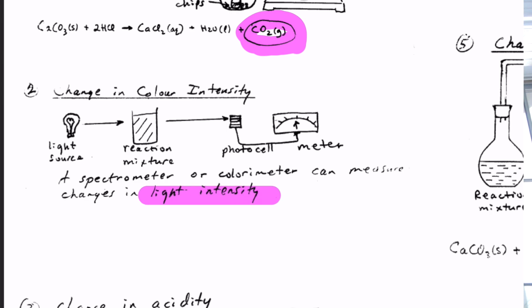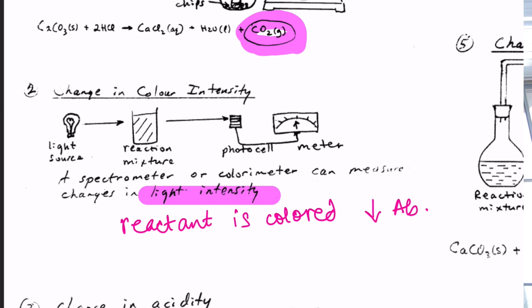So as time goes on, if the reactant is used up, then you expect the absorbance to decrease, and if the product is colored, then you expect the absorbance to increase. We will do some reactions with colorimeters in our lab, and we will talk about Lambert-Beer's law as well when we get to that lab.